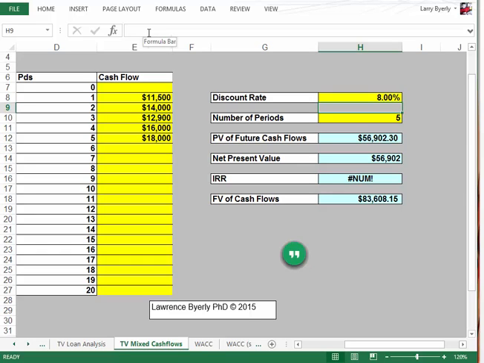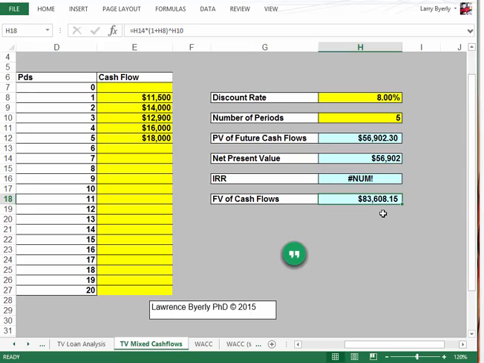So here we have our solution again: the value of this project today is $56,902, but if you reinvest, right here is the answer, we'll end up with $83,608.15. Now you can do this on a financial calculator if you have a cash flow function.